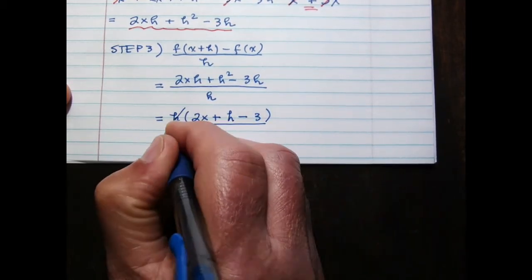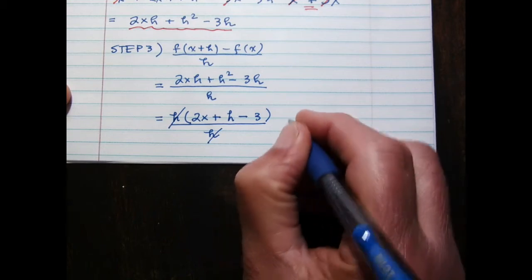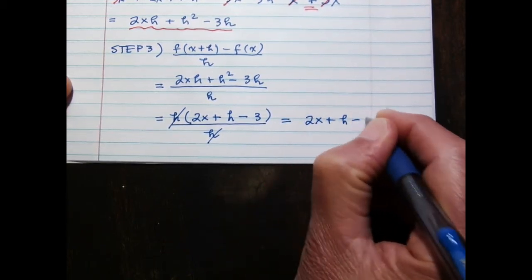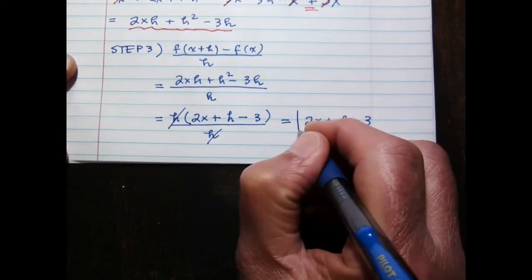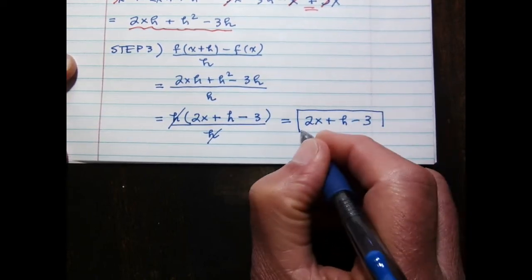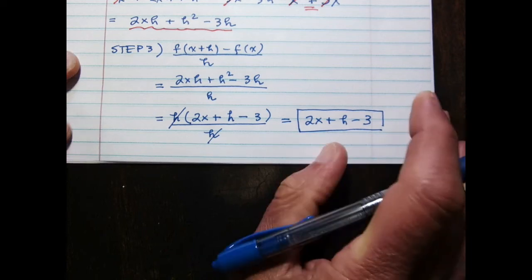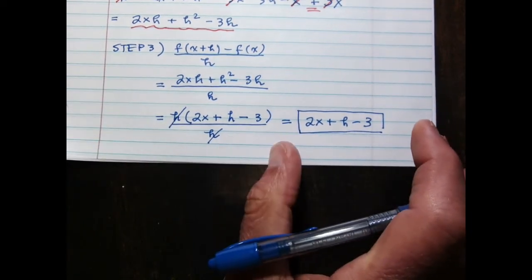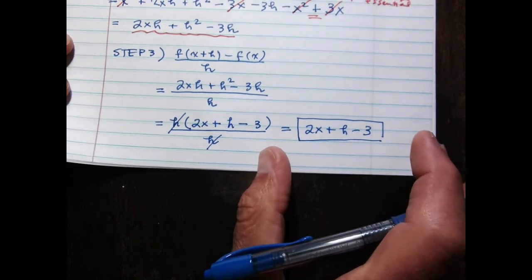And so I'm able to cancel an h up above. And I'm left with 2x plus h minus 3, no fraction now. That's as far as I can go. Those are unlike terms, cannot be combined.